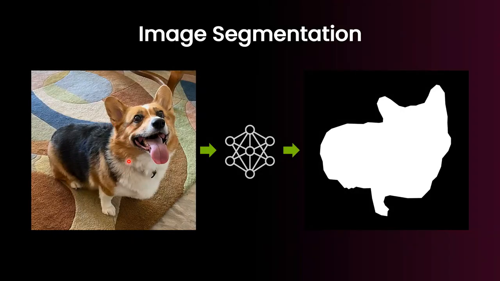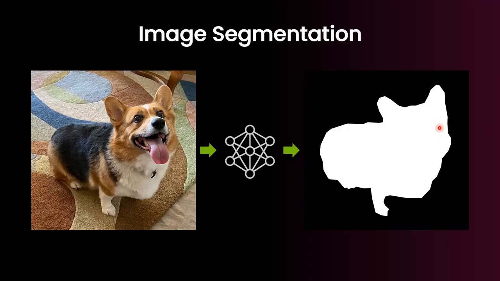For this input image, the neural network architecture generates a mask, which separates or segments the object, the dog here, from the background. So this is what's called image segmentation.